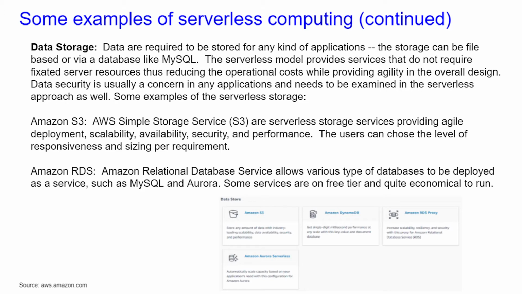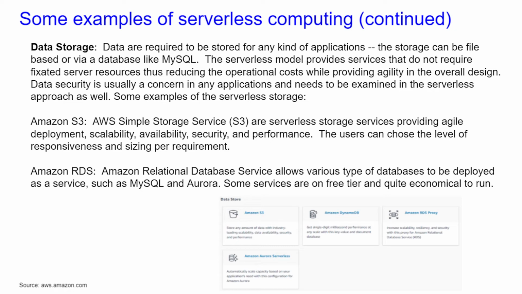Here are more examples of serverless storage. Amazon S3 and Amazon RDS. We did go over both of these in past lessons. AWS Simple Storage Service, or S3, is serverless storage providing agile deployment, scalability, availability, security, and performance.